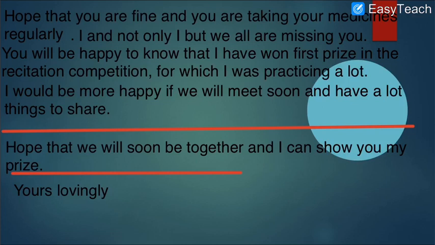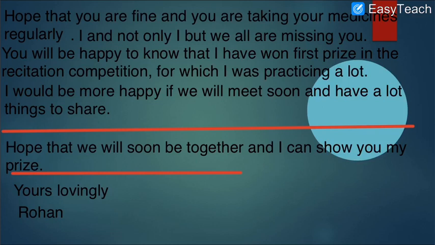So always with grandma, grandpa, I will use lovingly for the closure. So yours lovingly, and then here you have to write your name. As you are writing the letter to your grandma, your name should be included. So I will write here my name. Yours lovingly, Rohan. So this is how we have completed one question of letter writing.